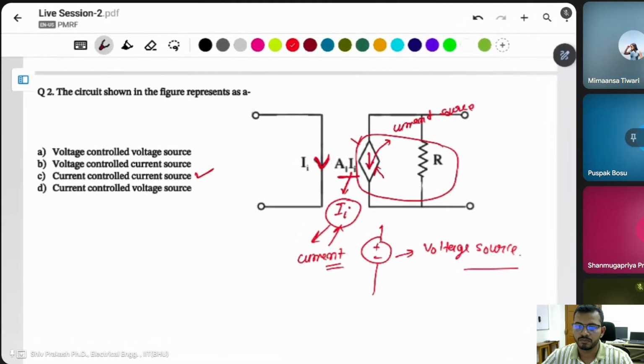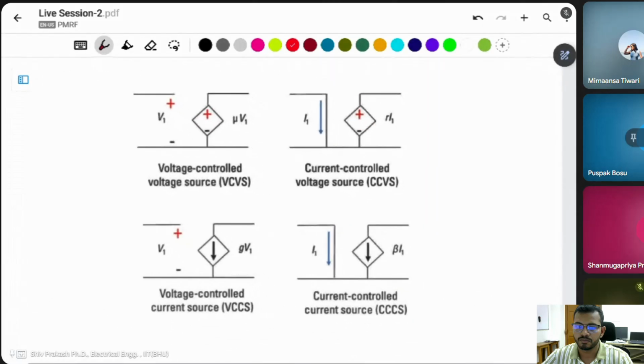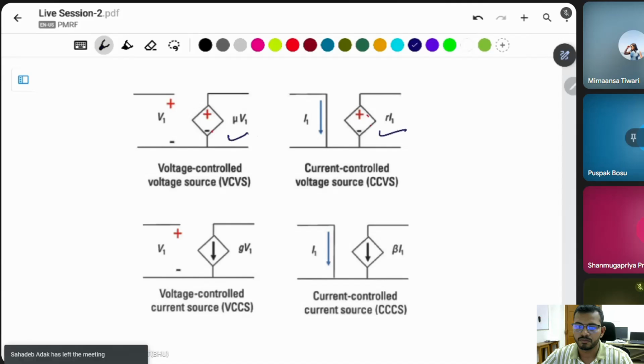A voltage source is simply represented by plus and minus signs, and a current source is represented by a circle with an arrow inside. Some examples here: you can observe the plus minus, so both are voltage sources.